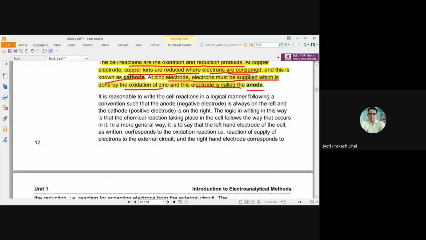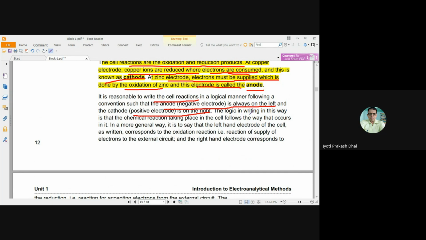Now here we will write the cell reaction chemically. So here we will write the cell reaction in a logical manner following a convention such that the anode, that is the negative electrode, is always on the left side, and the cathode, that is the positive electrode, is always on the right side.